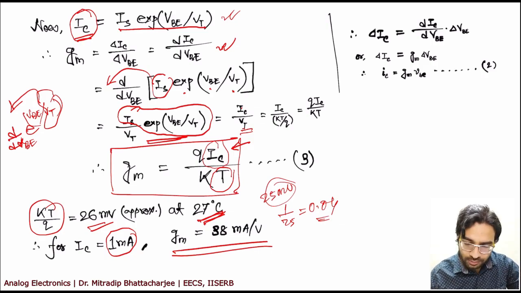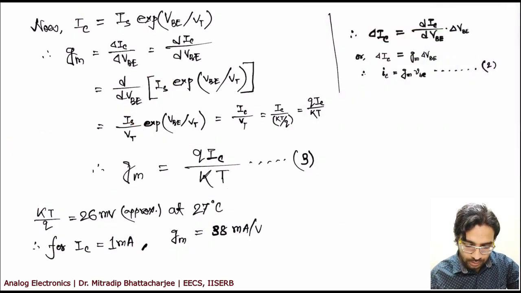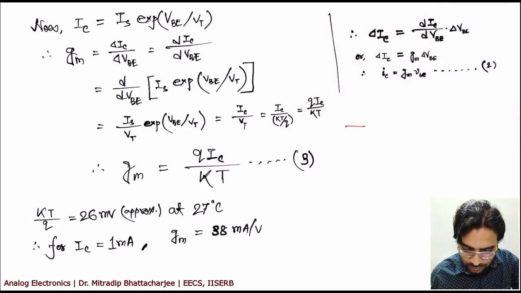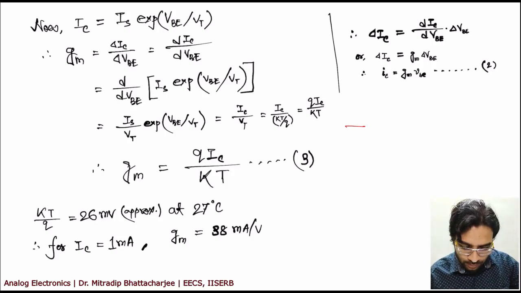Okay, now what if I use, let us use the circuit model of the same. Okay, now say this is the circuit. Here is base, say emitter, this is collector, right? Collector.